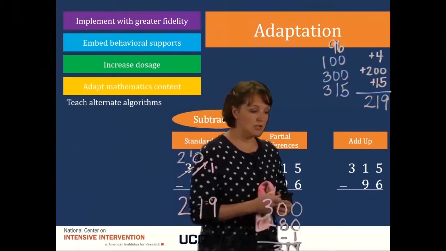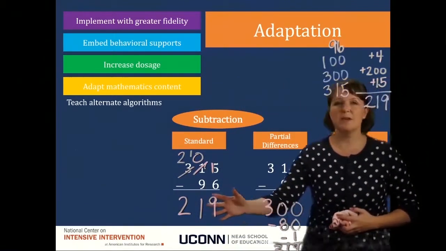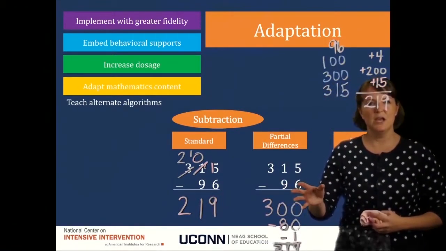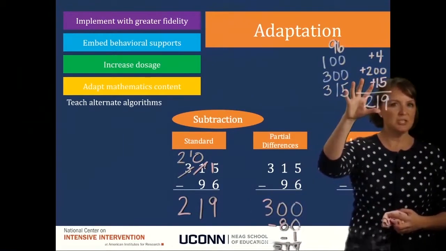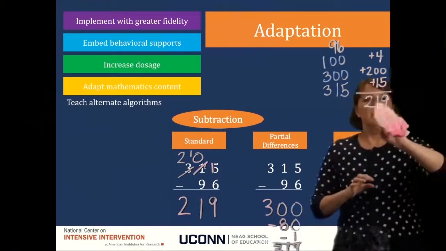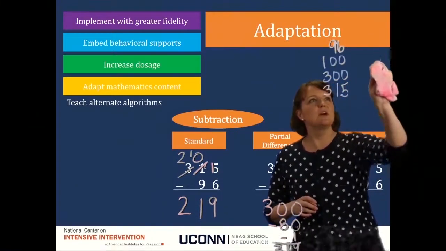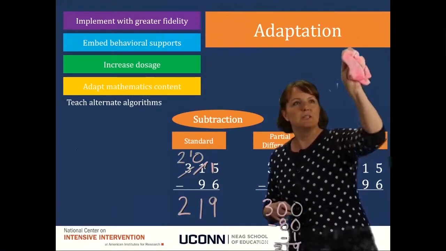And teaching students these ways, teaching explicitly these ways. Because students may have had difficulty with the standard algorithm, so why don't you try partial differences? If students have much stronger addition knowledge than subtraction knowledge, maybe teaching the add up model, but explicitly teaching students that there's multiple ways to solve the same problem. That could be another adaptation to your intervention.